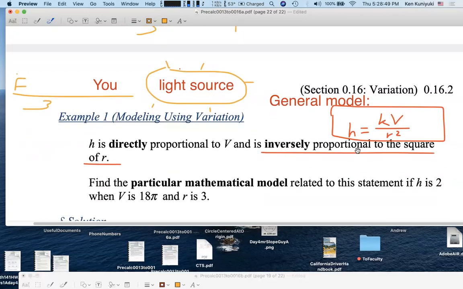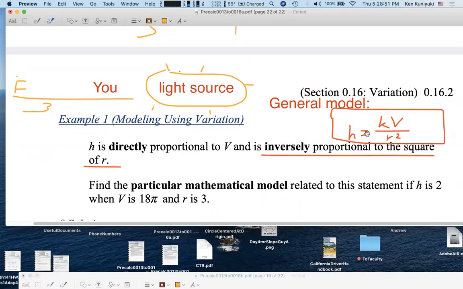Anyway, that's the general model, but we can find the value for k, which we often have to do. We have to find the actual value of this constant of proportionality if we're given particular data. Find the particular mathematical model related to this statement, that is, find k, if h is 2 when v is 18 pi and r is 3. So what do we do?